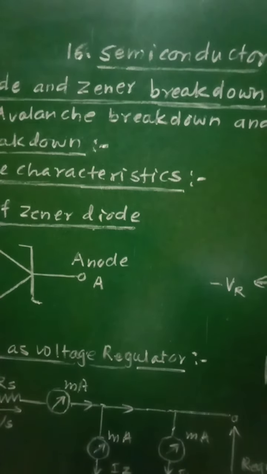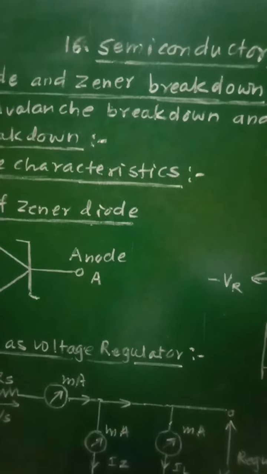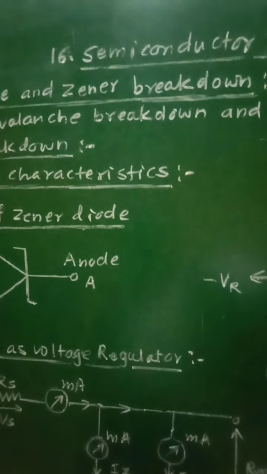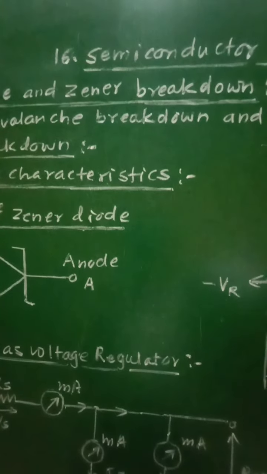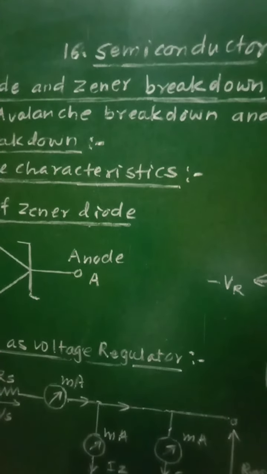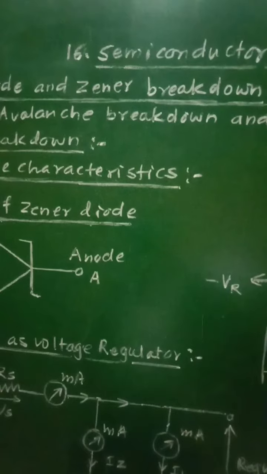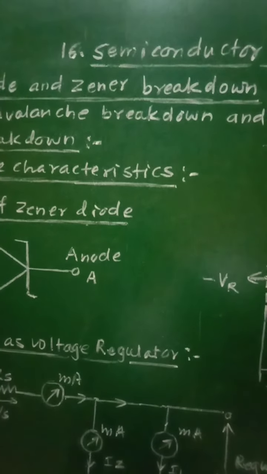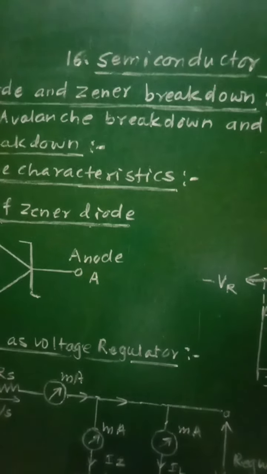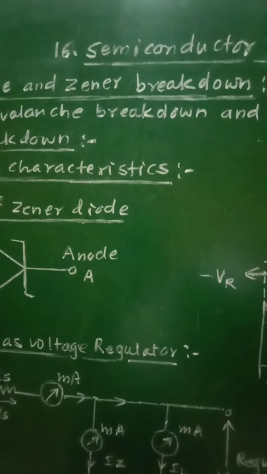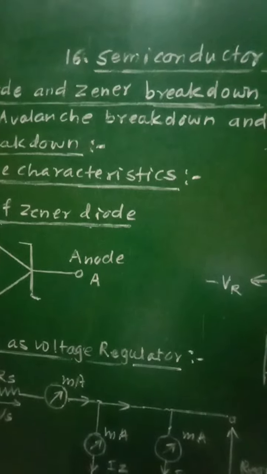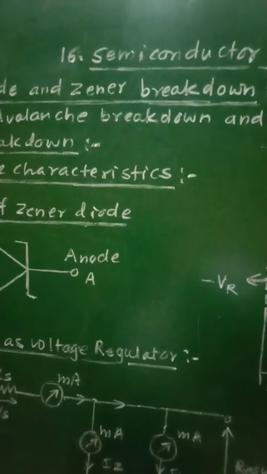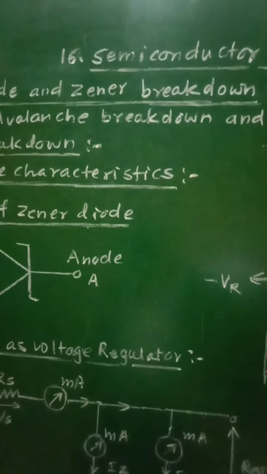The ordinary diode is damaged at this stage. That means after the reverse breakdown voltage, that ordinary diode will get damaged. But a Zener diode is always operated in reverse bias mode without damaging it, because it is a specially designed PN junction diode which will always be operated in reverse bias mode.